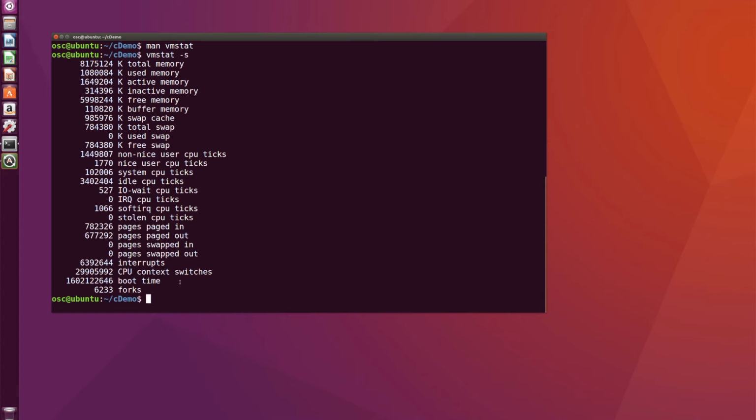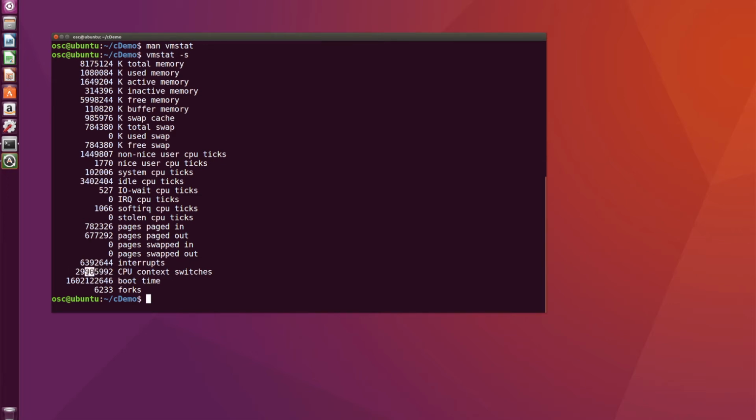and if we say pages swapped in, pages are a unit of chunks of memory that are brought in from disk into your main memory. And if we look at swap, CPU ticks, idle CPU ticks, pages, interrupts, and this number here, CPU context switches.